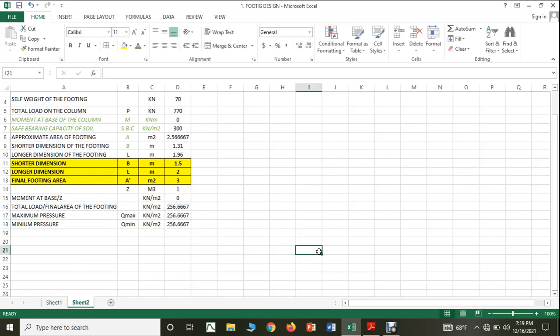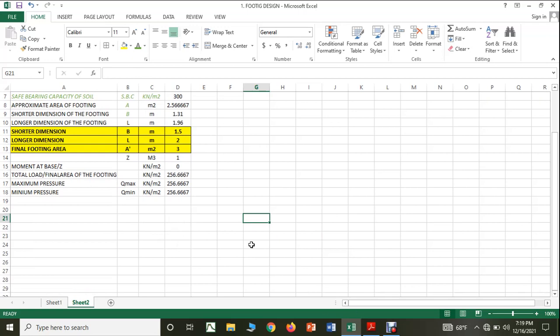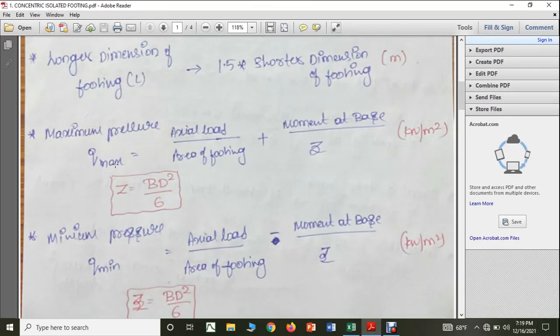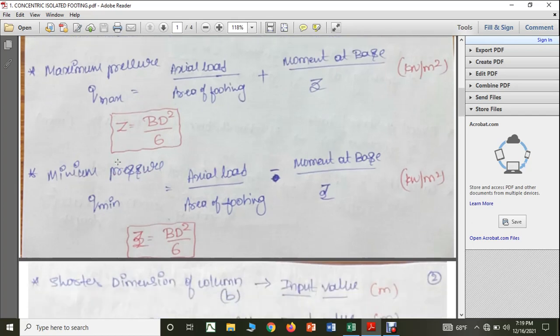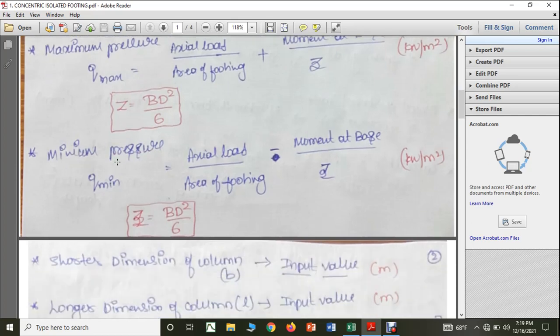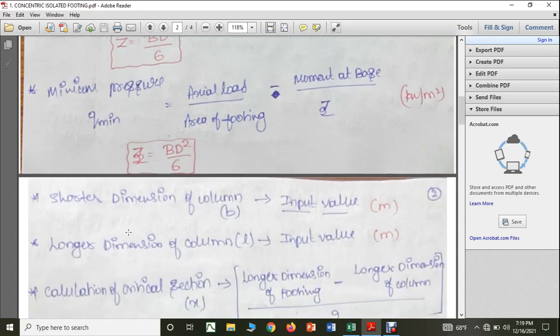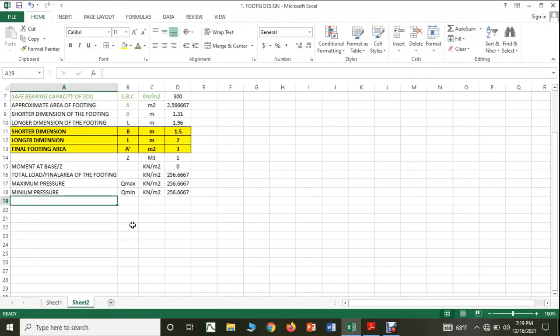Here maximum pressure and minimum pressure are both one and the same because we are not taking moment. Yes, that is about your maximum pressure and minimum pressure, right? Once you got this, you got both maximum and minimum pressure in kilonewton per meter square. So the next is the input value, that is the shorter dimension of the column. That is an input value.